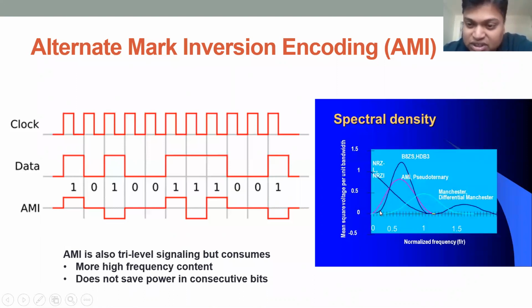But when we do this AMI or any other sort of encoding, a common thing that always happens is that I push this spectrum out, but I create high frequency content that the receiver needs to support. That creates other energy efficiency issues, because if I have to support wider bandwidth, I have to burn more power. There isn't any easier way out of it.